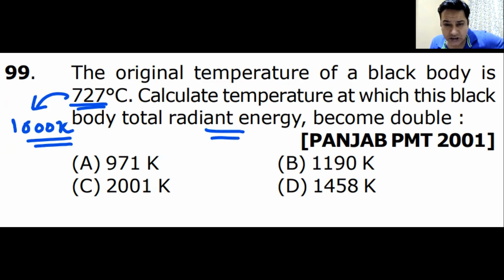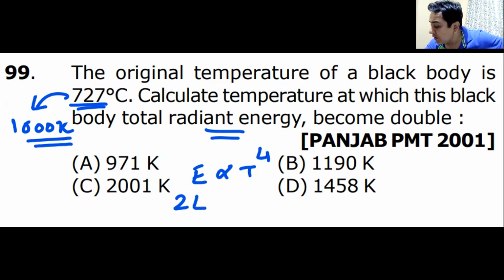I want this energy to be doubled. Now remember, energy is proportional to T raised to the power 4. This is the original energy. 2E. Energy becomes twice. So what will be the temperature?